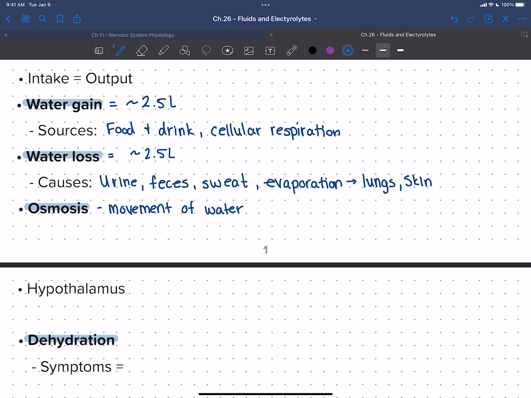So more electrolytes or glucose, more proteins, right? So it always moves towards more solutes. Right, so towards a higher concentration of solutes. Okay, and so that's osmosis, right? So water is constantly moving between compartments depending on solute concentration.